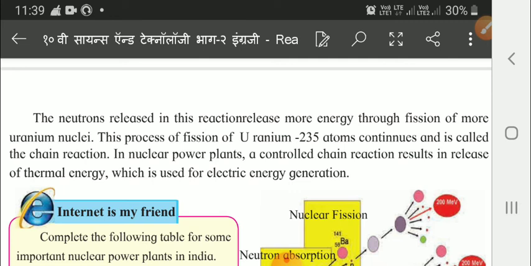That means these three neutrons will bombard again, and from the three, more will be given out, and this will go on and form a chain reaction. So in a nuclear power plant, a controlled chain reaction results in thermal energy, which is used to generate electrical energy.